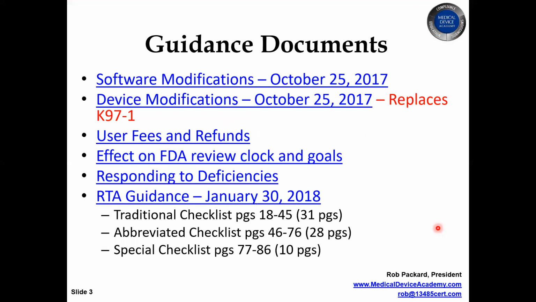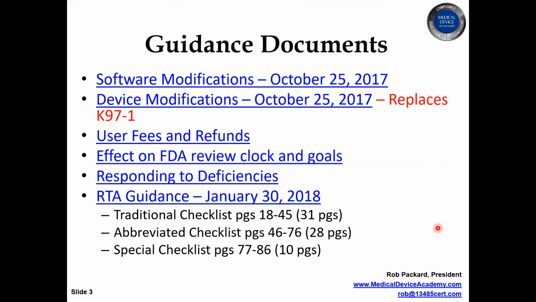Okay, so number one, guidance documents. The two key documents for you to be concerned about when you're talking about special 510Ks are the software modifications guidance document and the general device modifications guidance document. A lot of people are familiar with the K97-1 guidance document, which was very old.